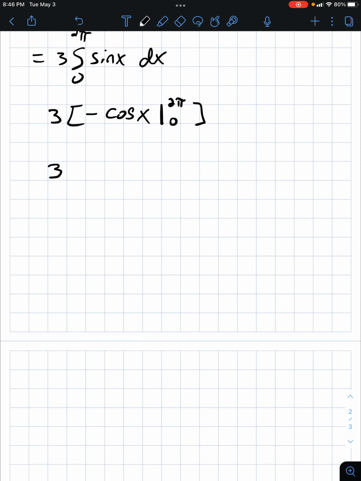So this is going to be equal to 3 times the negative cosine of 2 pi minus a negative cosine of 0. This becomes plus positive.